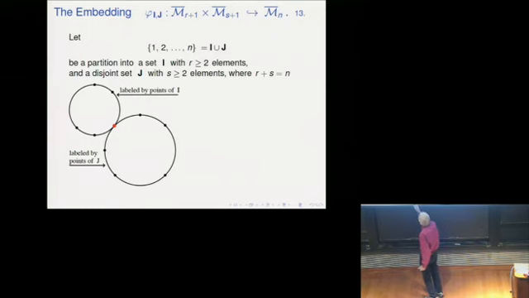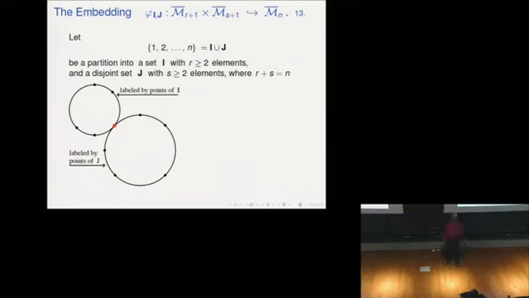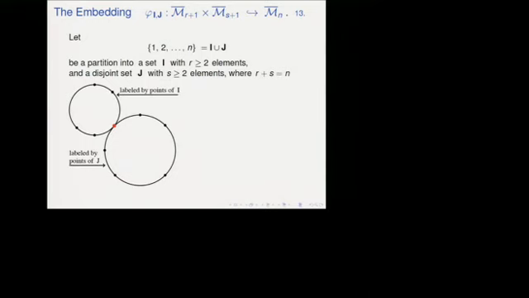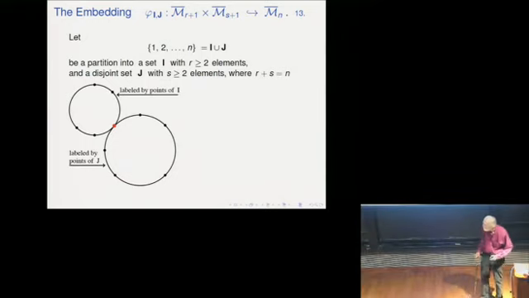And here, on this circle, we have the points of I in the order in which they occur, and here we have the points of J in the order in which they occur. And this represents a straight line which separates one set from the other, and which we've collapsed to a point.